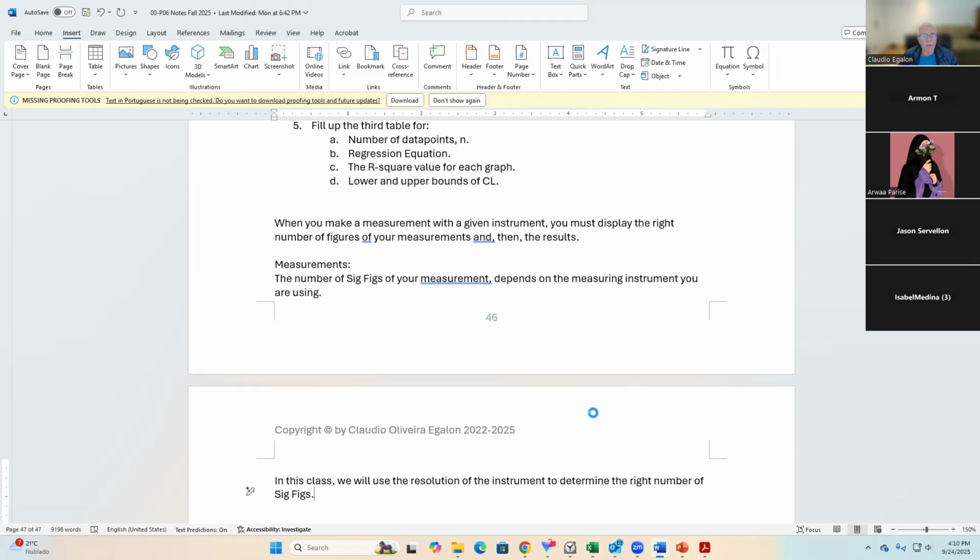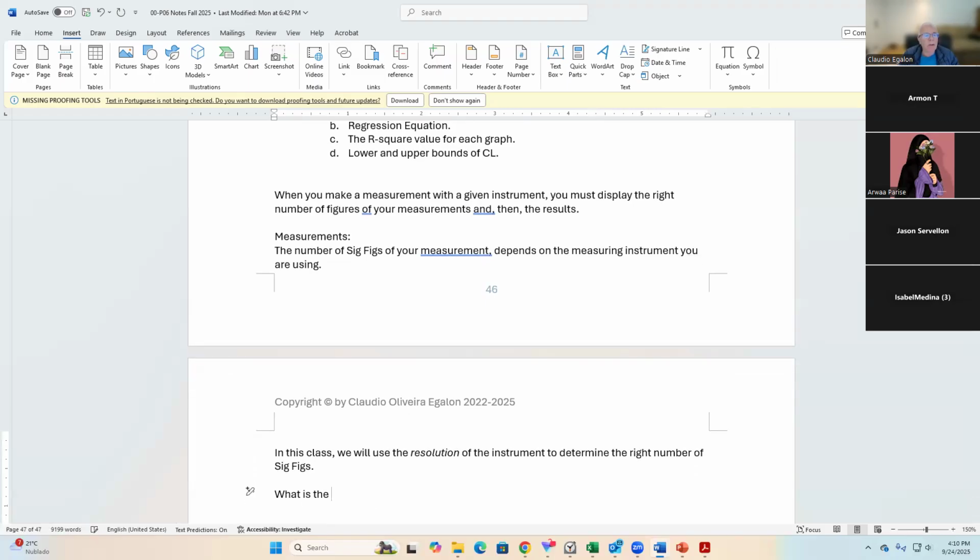Then you gotta ask, what is the resolution of an instrument? That's what I should be asking. Question: what's the resolution? Answer: it is the smallest division in the instrument.